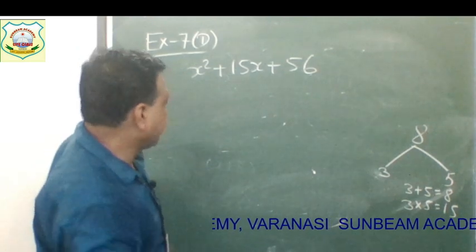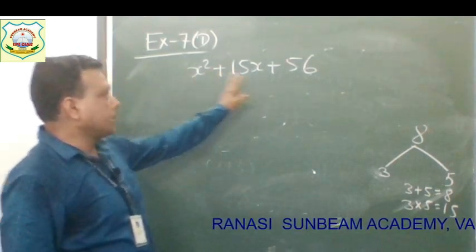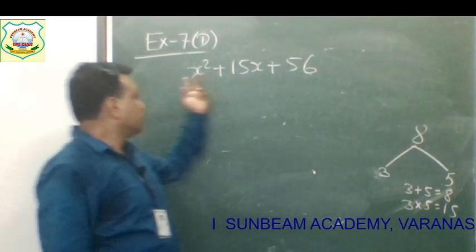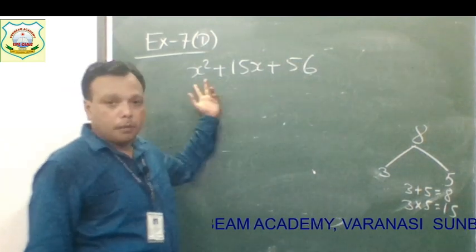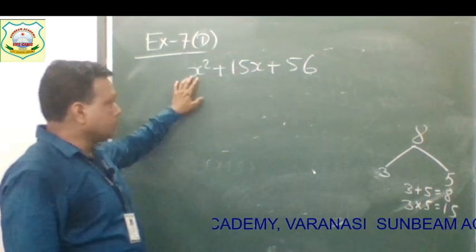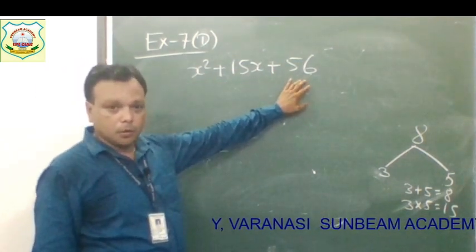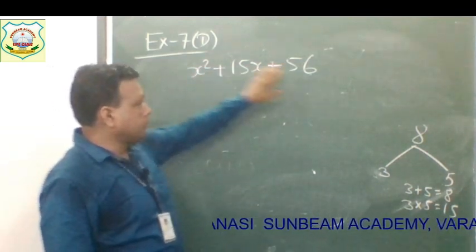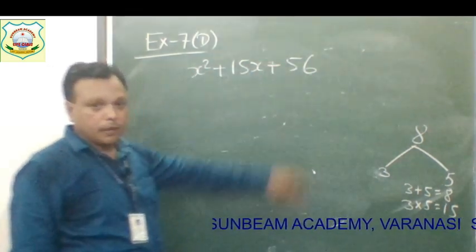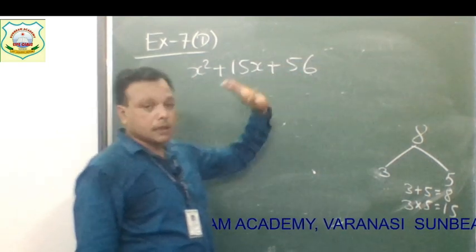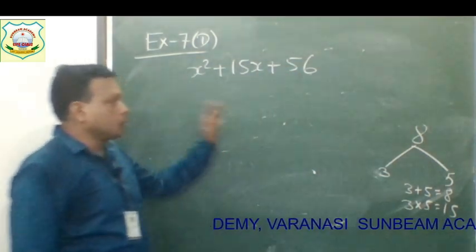This is also the same kind of expression. Can we take anything common here? No common value here. Can we use identities? No. 56 is not a square of any value, and there is no common, so we cannot use the identities here.